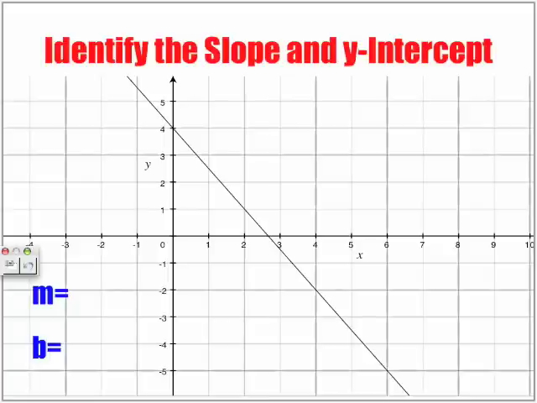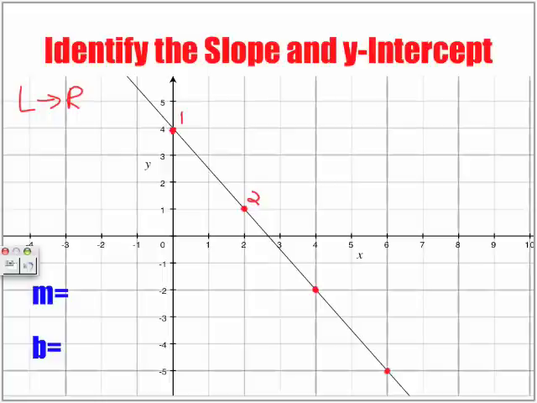Identify the slope and y-intercept. So again, let's try to find actual points. So we have a point right here. We have our next point right here. We have our next point right here. And we have our next point right here. But now, remember, we read from left to right. So this is my first point. This is my second point.